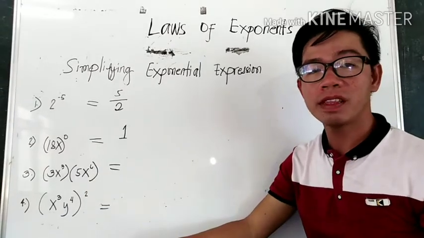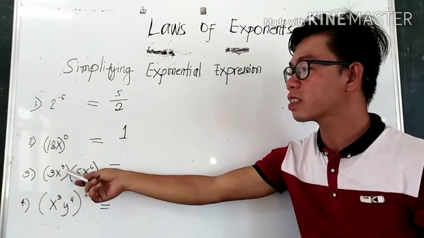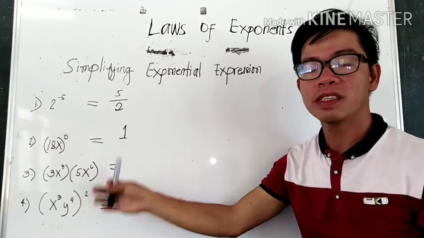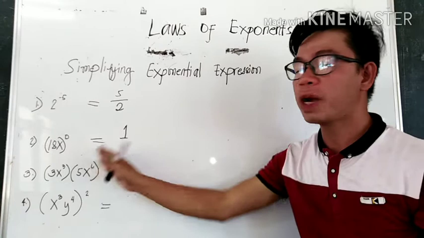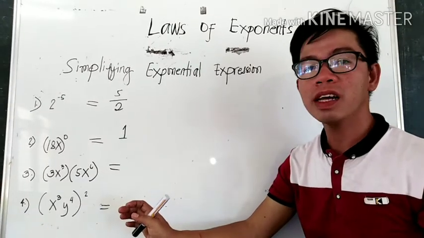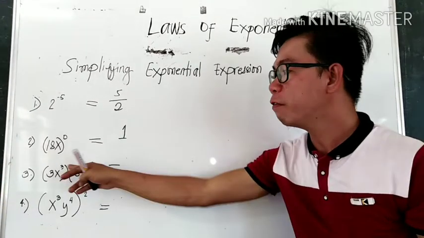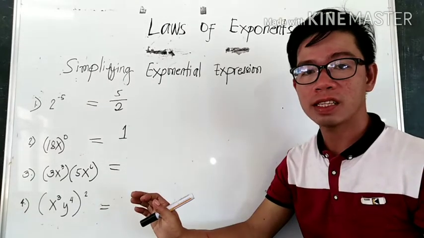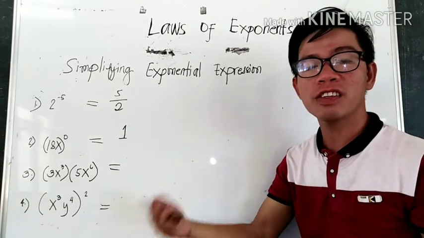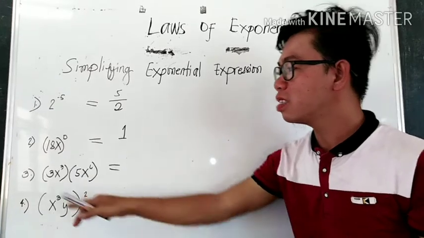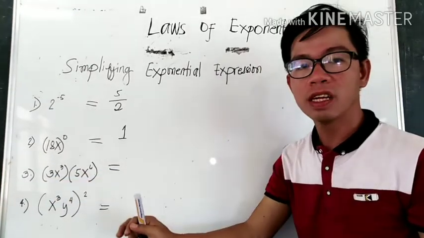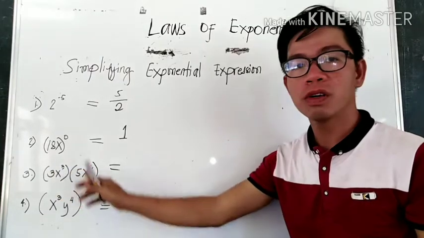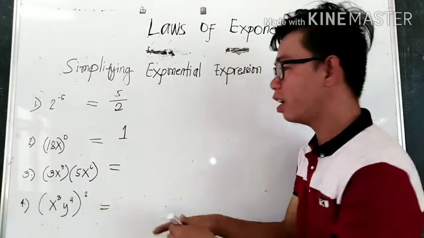Next, example number 3, we have 3x cubed times 5x to the 6th power. So this is the product rule. In the product rule, we will add the exponents. To make it easier, since we have coefficients, let's group the coefficients and the variables.